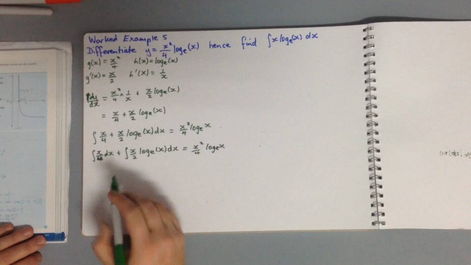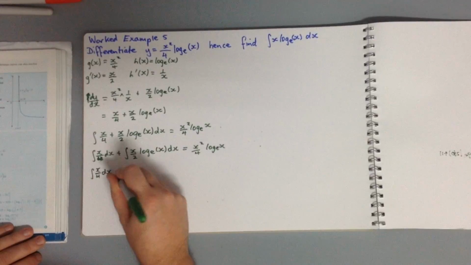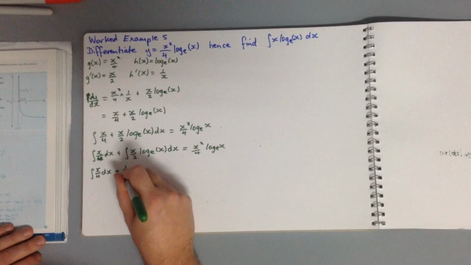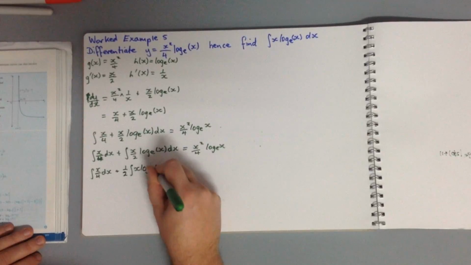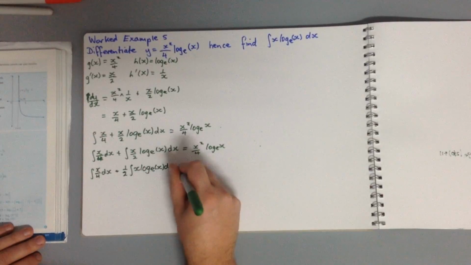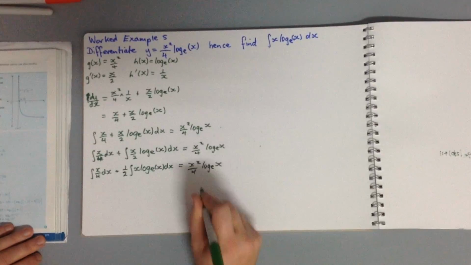We can bring our half out the front, and so we've got the integral of x on 4 dx plus a half times the integral of x log to the base e of x dx, still equaling x squared on 4 log to the base e of x.